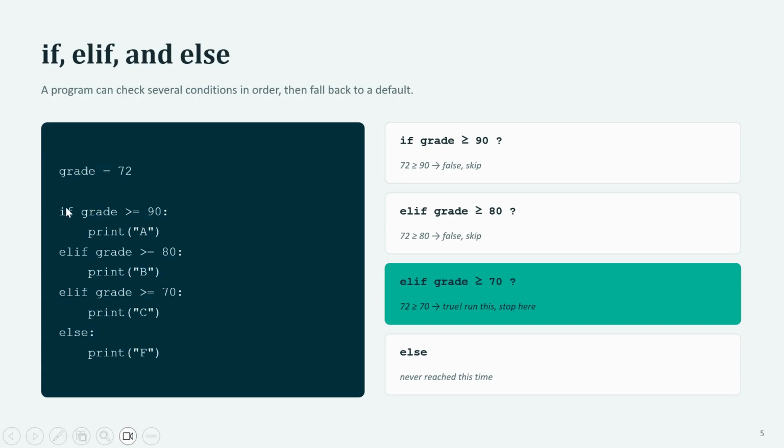So if, else if works like this: first it should start with if, and then it checks the condition. If it doesn't satisfy, then it goes to the next else if, and it checks the second condition. If it works, good; otherwise it goes for the next one.